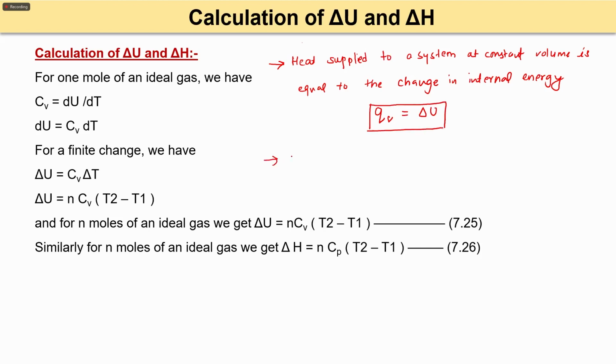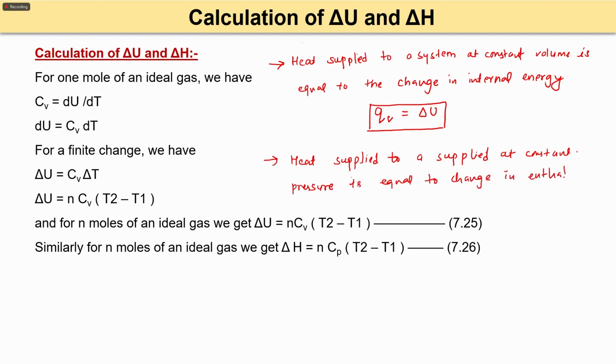And also heat supplied to a system at constant pressure is equal to the change in enthalpy. Okay, that means Qp is equal to delta H.